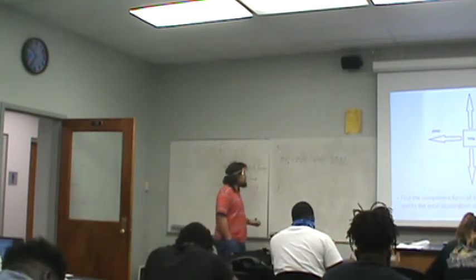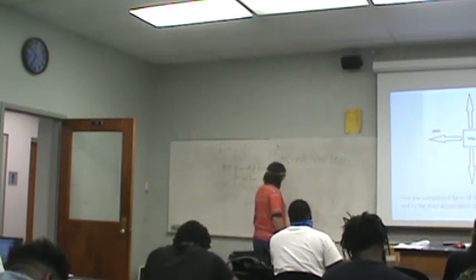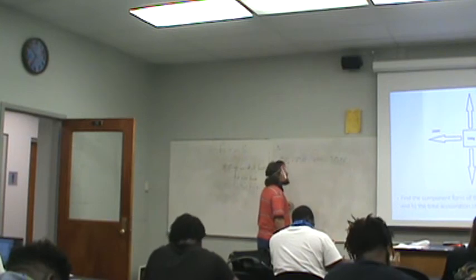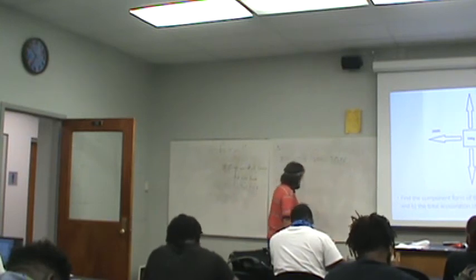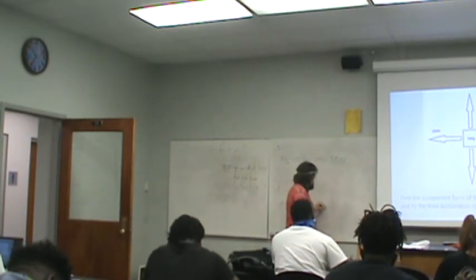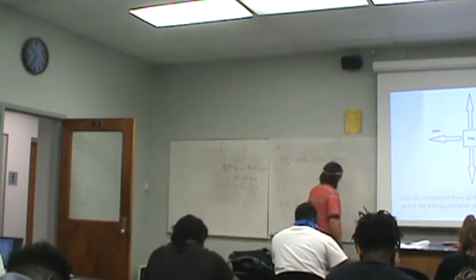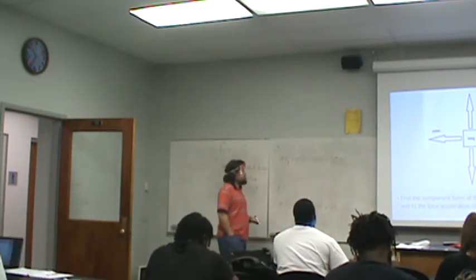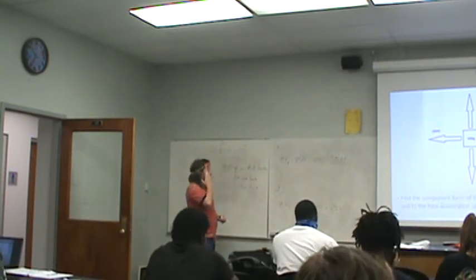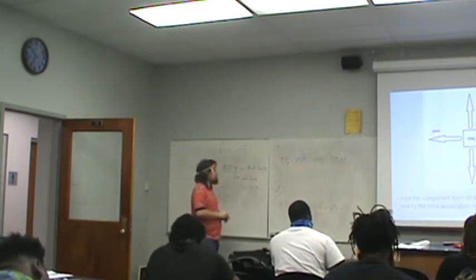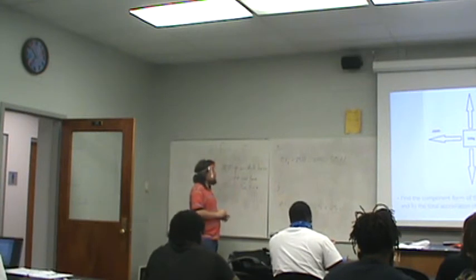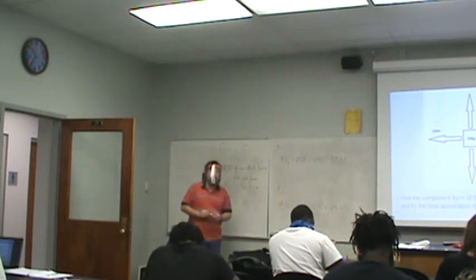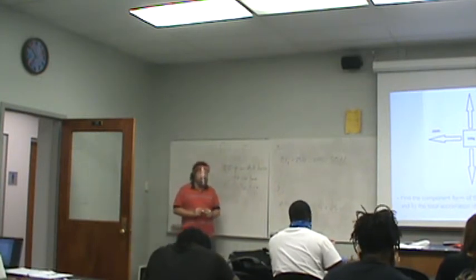Meanwhile, in the y-axis, you've got 100 newtons up and 125 newtons down. That's going to give us a net force of 25 newtons down. So those are the net forces in each corresponding axis.